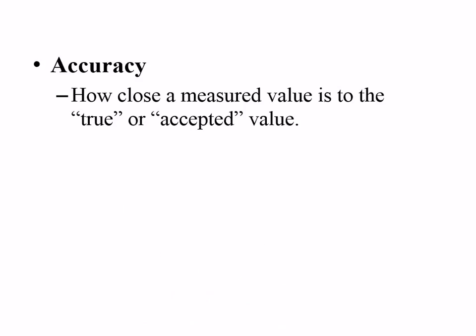So, need to talk a little bit about, let's say you think you got the right answer, and maybe you did get the right answer. Okay? And there are times in the lab and in chemistry when we have a true value to compare your answer to. So how close you are to the true value is accuracy.